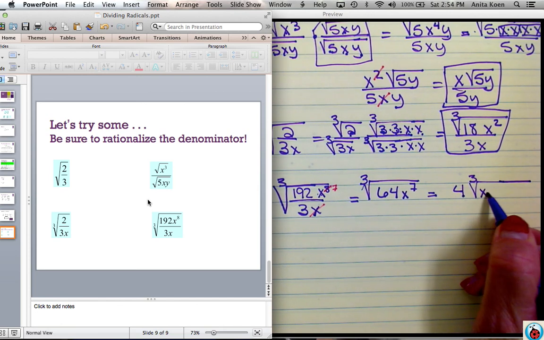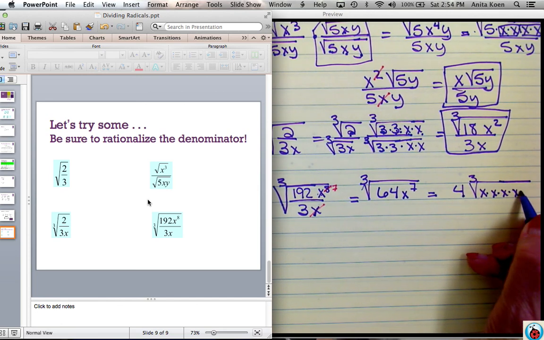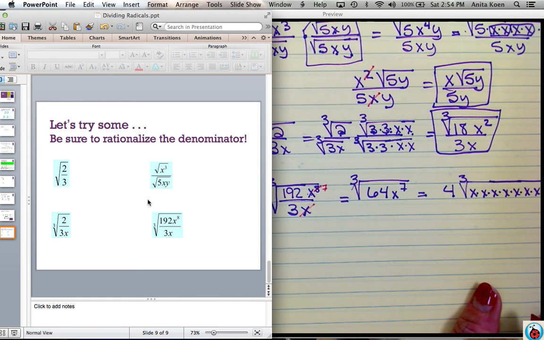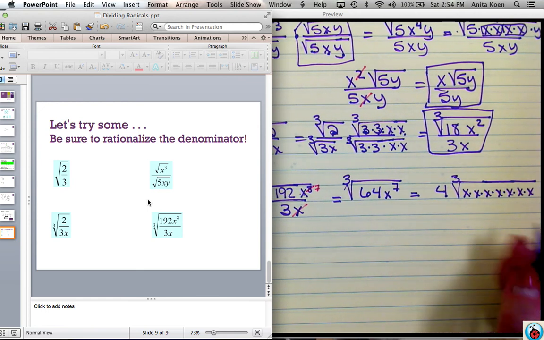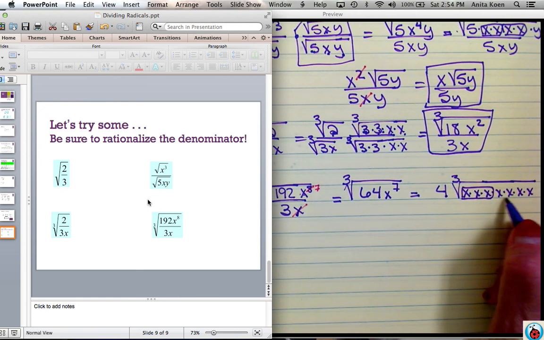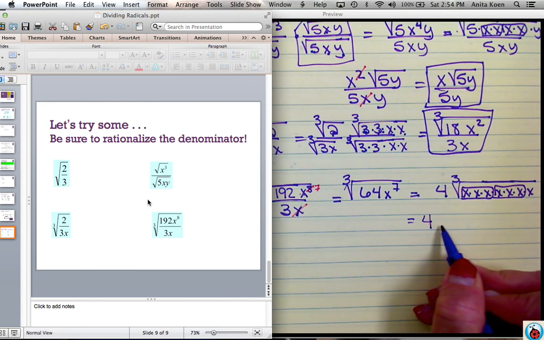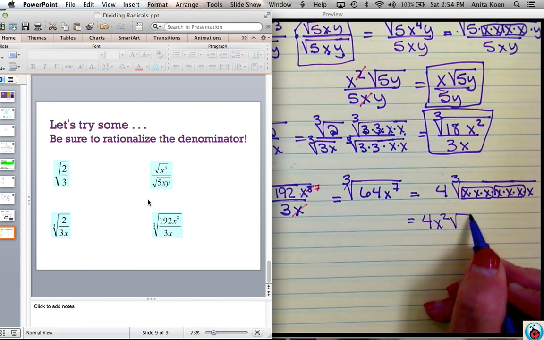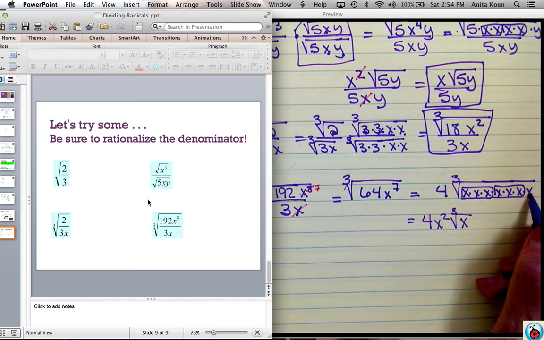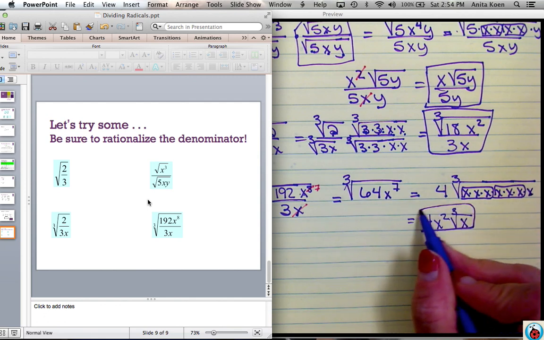So if I have 7 x's, how many groups of 3 can I get out of those 7 x's? 1, 2, 3, 4, 5, 6, 7. Can you see them all? Not quite. Well, I can see that there are 2 groups of 3, and so what I end up with is 4x squared times the cube root of x, because this little guy is left underneath the radical.